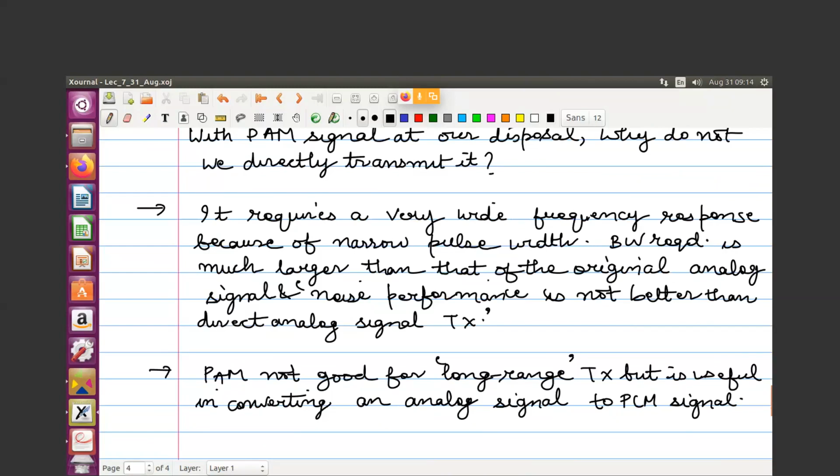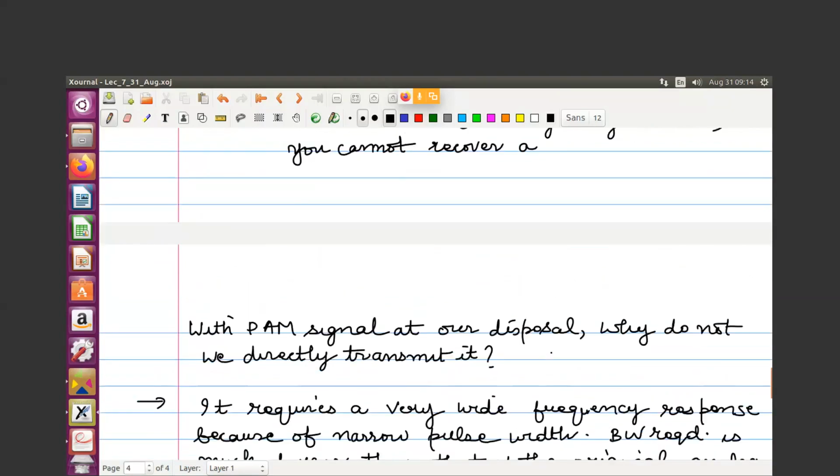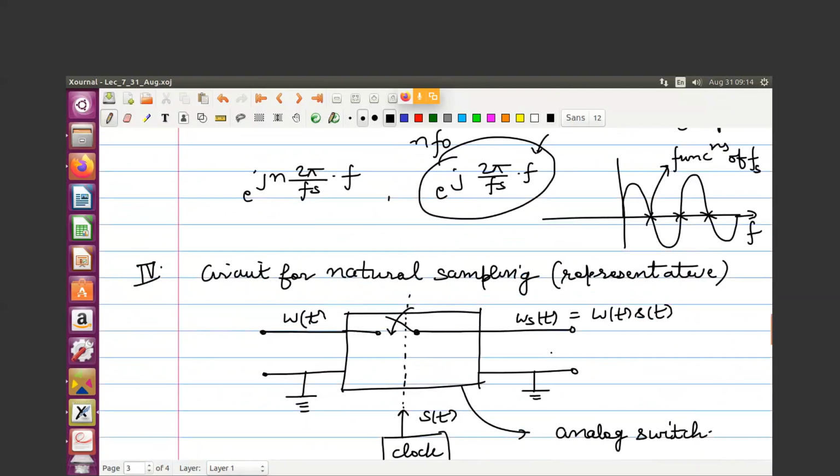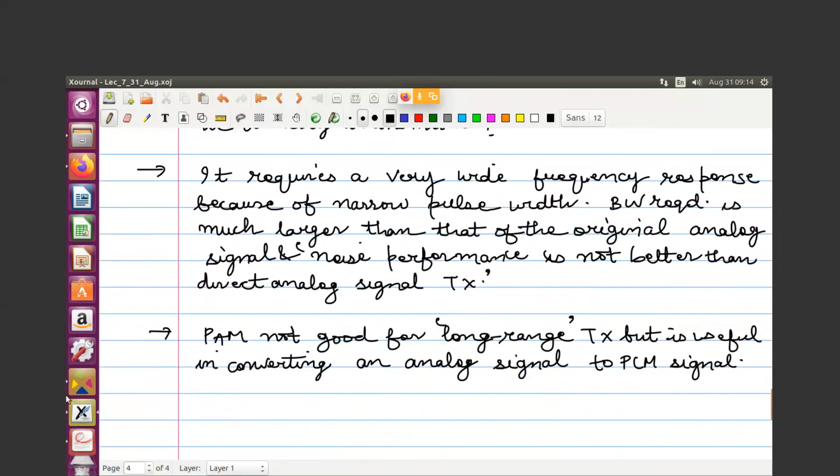But what we can understand is that for us, because right now we are in pure academics, this wideband coverage is one of the good reasons to discard this. Okay, the wideband coverage, the coverage is very high. And secondly, because you are sampling something, the recovery also generates some sort of an error.